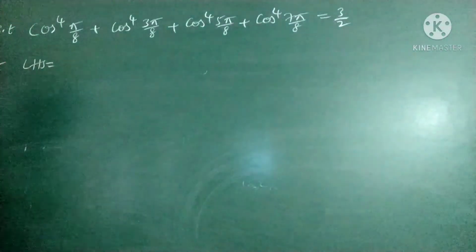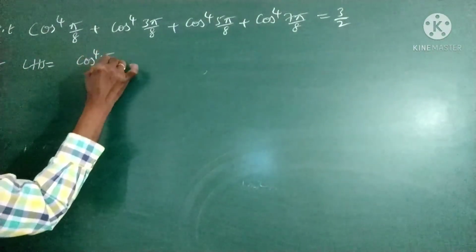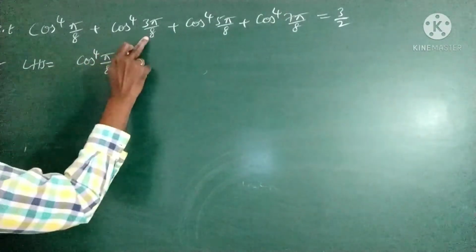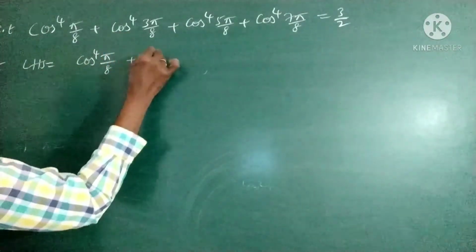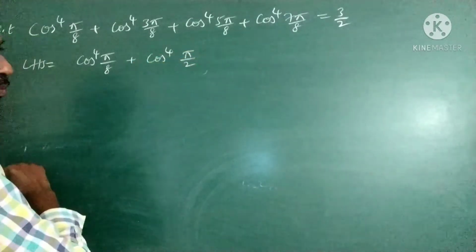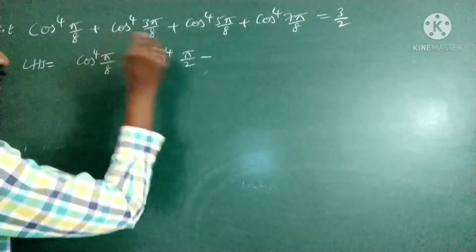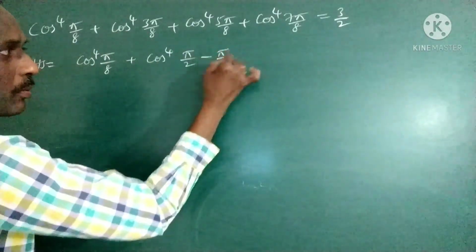So let us write the values. Initially cos power 4 pi by 8 as it is. It is nearest to the half, so I am going to write power 4, half becomes pi by 2. So less, we have a minus sign. One time less be the value pi by 8.